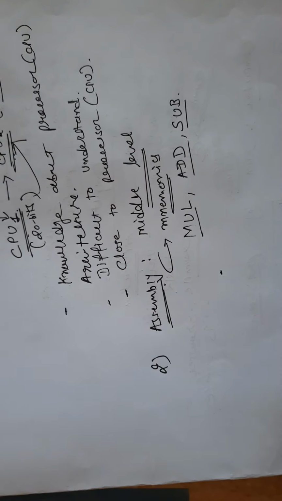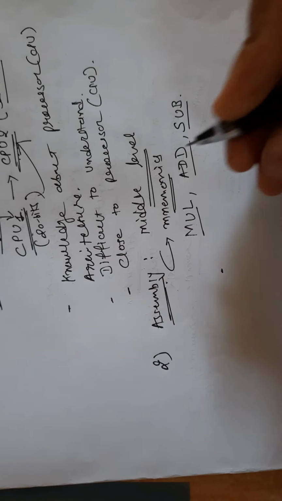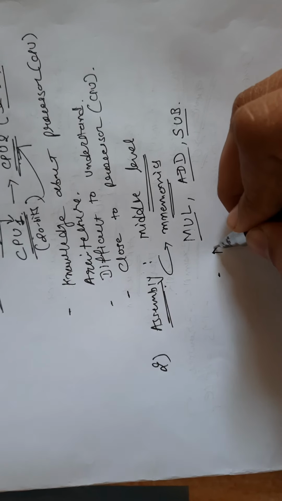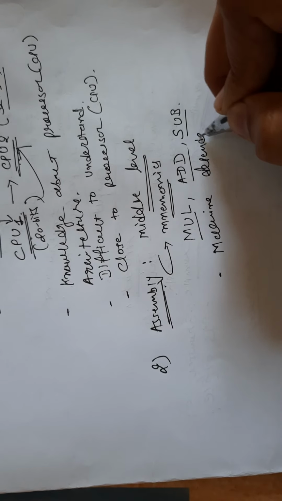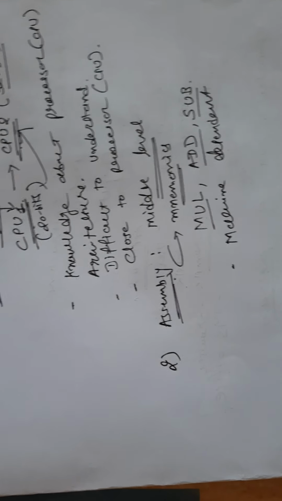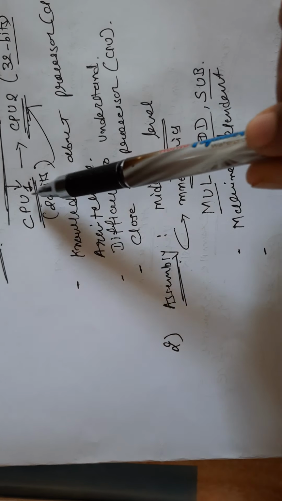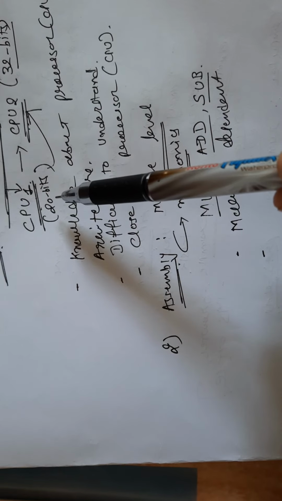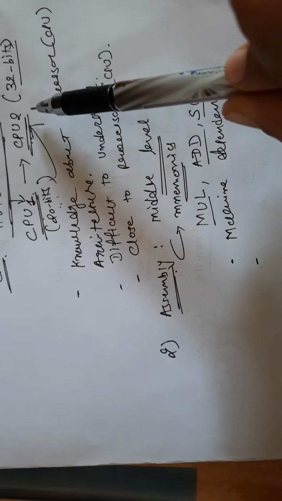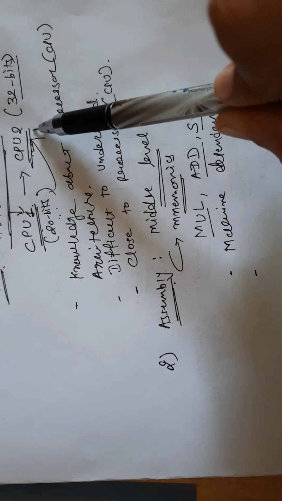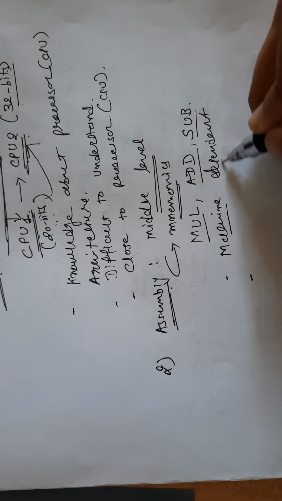Now the same problem which we faced in machine language also arises here: assembly language is also machine dependent. It means a program which executes on CPU 1, which has an instruction set of 20 bits, will not run on CPU 2 having an instruction set of 32 bits, and that is why it is called machine dependent.